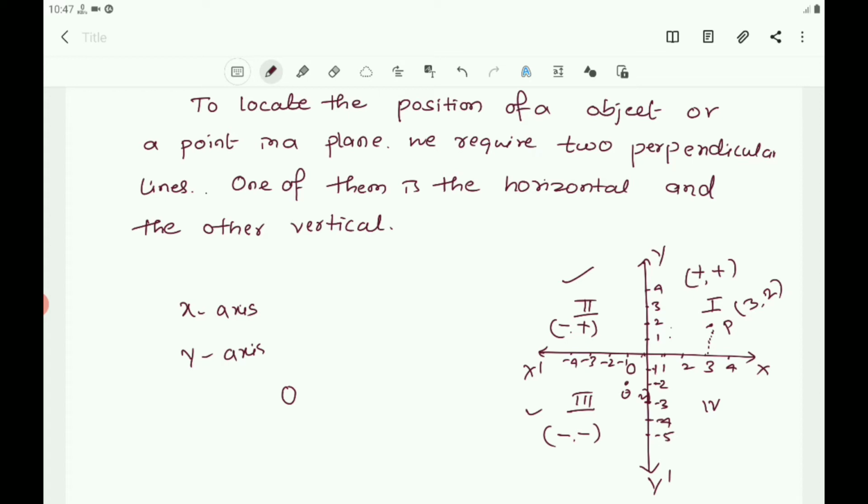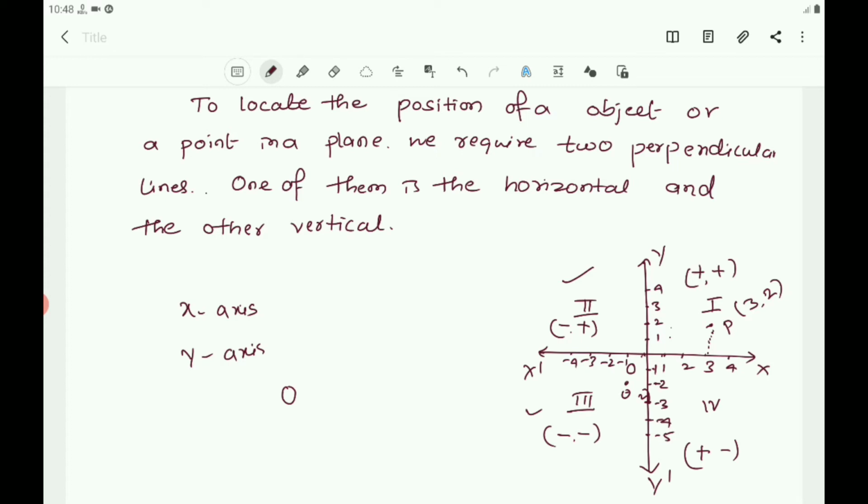Therefore, a point in the third quadrant is in the form (minus, minus). If a point is in the fourth quadrant, then the point will be in the form (plus, minus), since the fourth quadrant is enclosed by the positive x-axis and the negative y-axis.